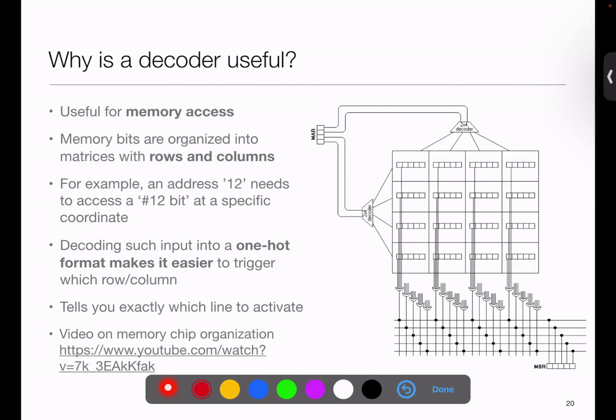If you look inside the memory chips that are used in our computers, they actually have gigantic decoders inside. And typically, the slots in the memory chip are not organized as a single array. They're organized as a 2-dimensional array. For example, this little chip that you are seeing is an example where I have 16 locations.